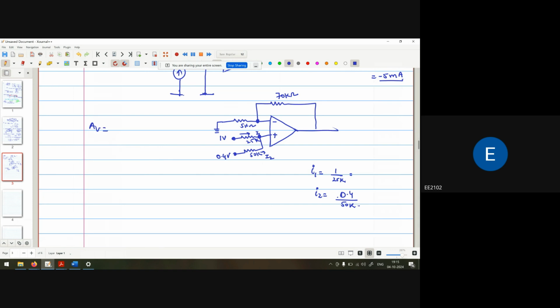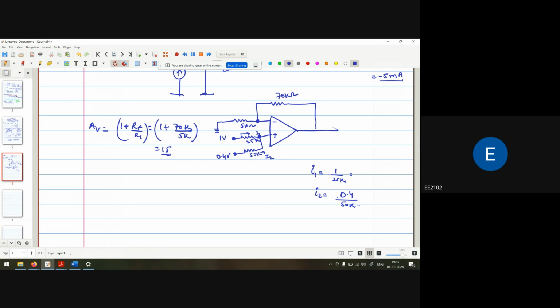What is the value of AV? The voltage gain is equal to 1 plus Rf upon R1, that is 1 plus 70K upon 5K, that is equal to 15. This is the key.